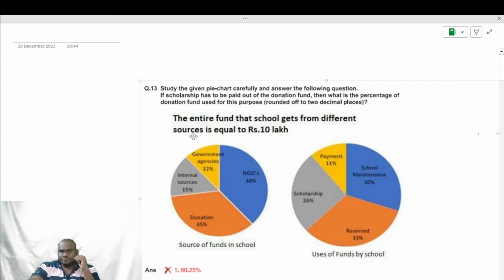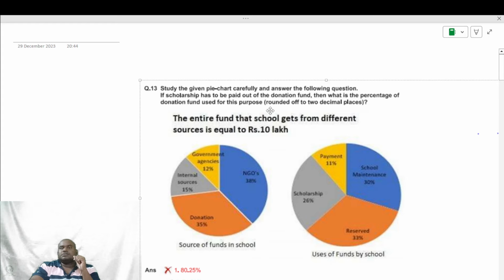The entire fund that the school gets from different sources is equal to rupees 10 lakh. NGOs are giving 18%, donation 35%, internal sources 15%, and governmental sources 2%. Like that, they are getting 100% of funds, which is equal to 10 lakhs. So in this, the donation part is 35%.